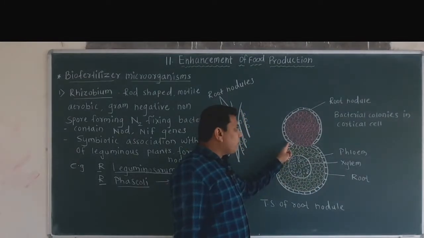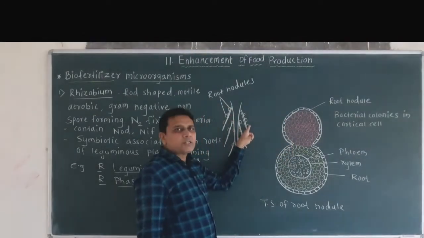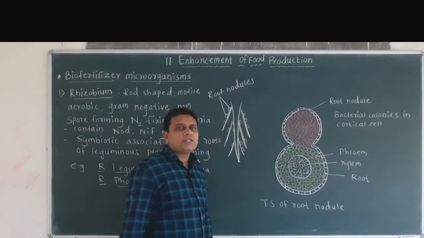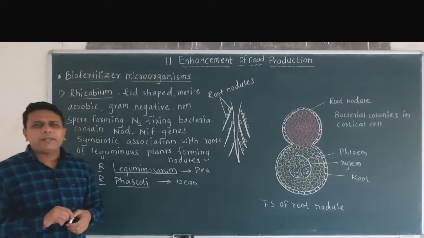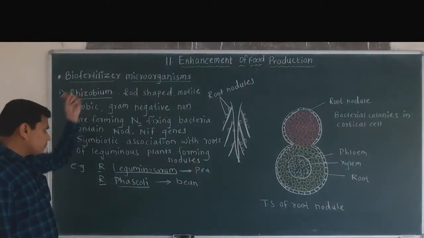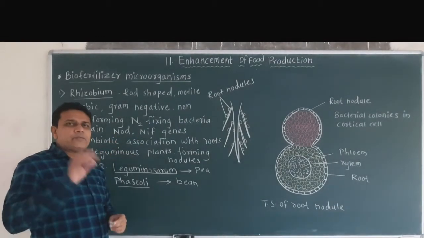So they develop an outgrowth on the root, here we can see, or a spherical structure on the root, and this spherical structure is called a root nodule. Then these bacteria contain the genes, that is nod genes and NIF genes.